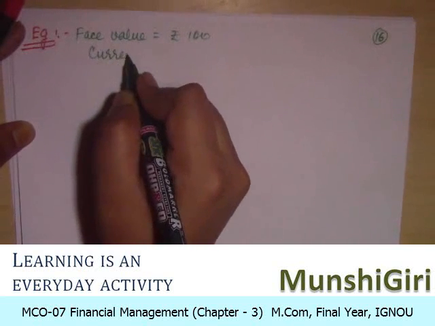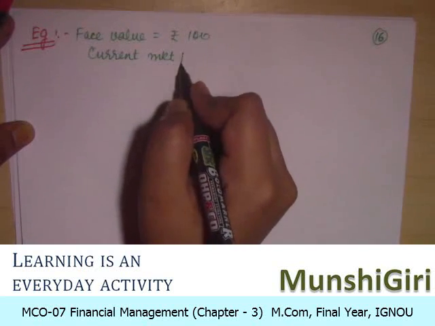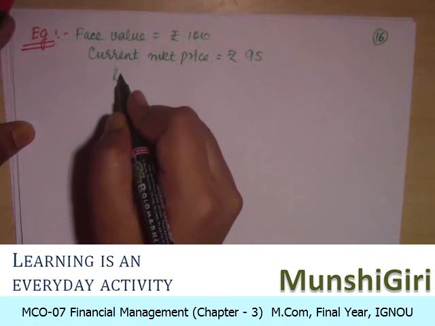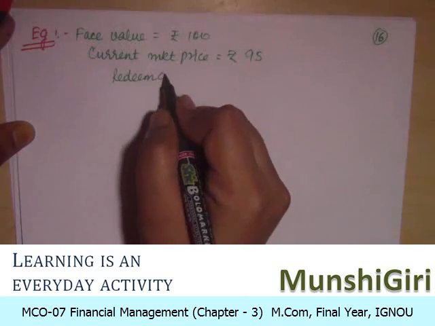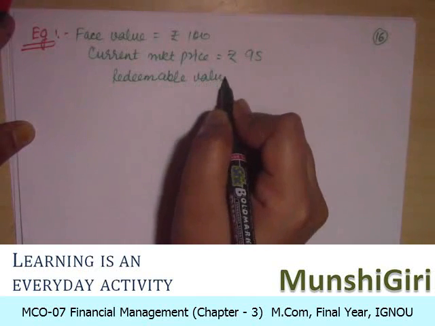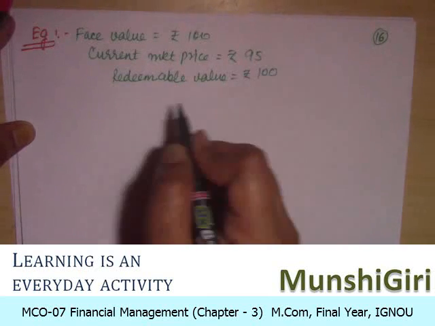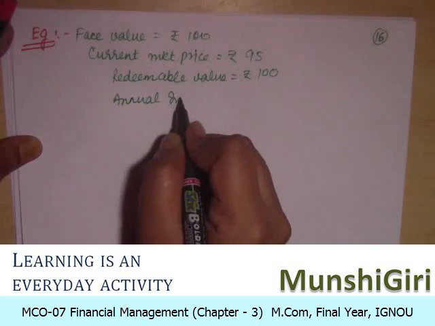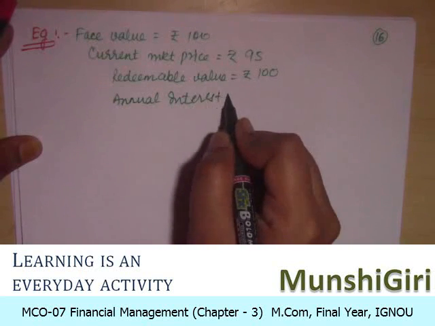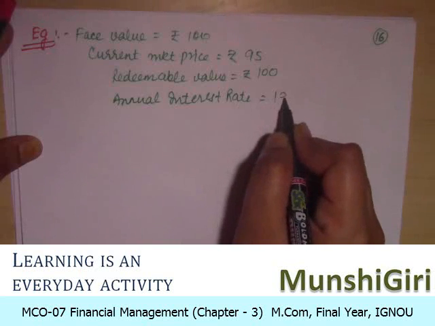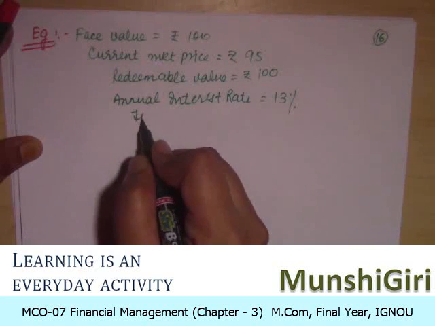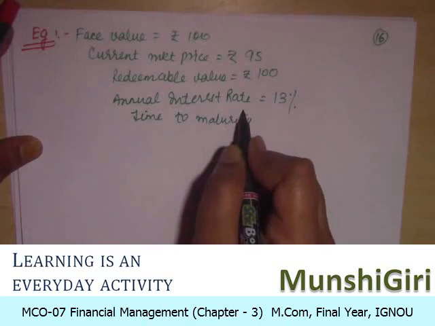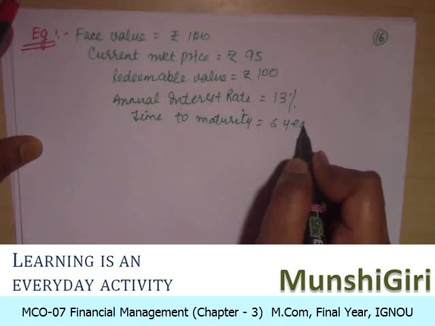Current market price is rupees 95. Redeemable value is rupees 100, that is, the bond is redeemable at par. Annual interest rate is 13% per annum. Time to maturity is 6 years.